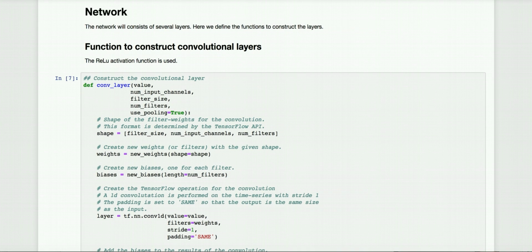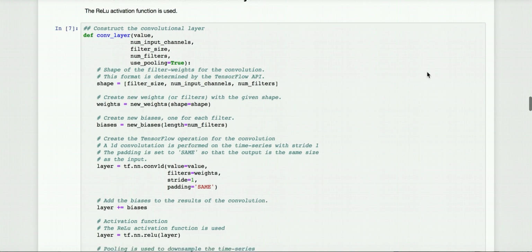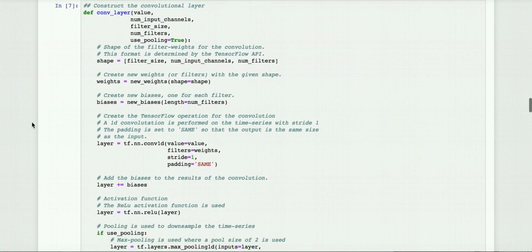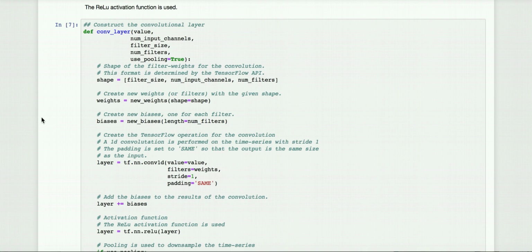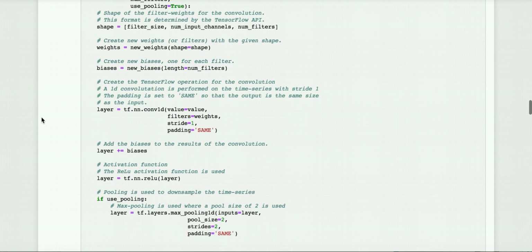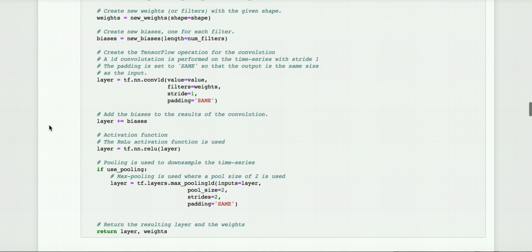Okay, next we're going to set up the deep learning network. And this will consist of several layers, including convolutional layers and standard layers. So we construct a function to construct the convolutional layer. And this will specify the weights, the biases, and whether pooling is used.